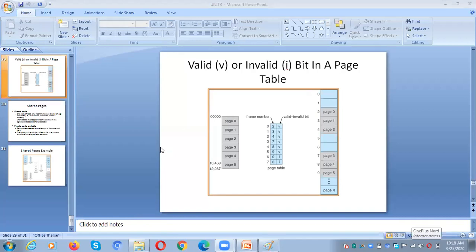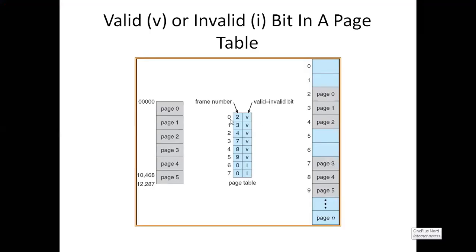Right, what is a valid page? What is a valid page? How can we know? What is a bit used for a valid or invalid page? Right? I think you are not willing to give the answers. Let me give. If a page is available in a frame, then it is called a valid page and it is indicated by the valid bit.